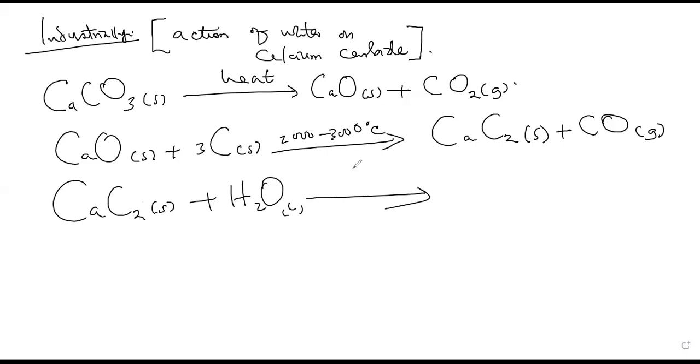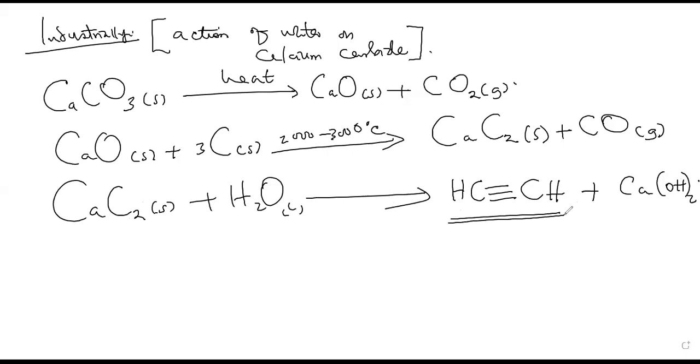So hydrolysis of calcium carbide will produce ethyne and calcium hydroxide. So on an industrial scale, you can get your ethyne from calcium carbide.